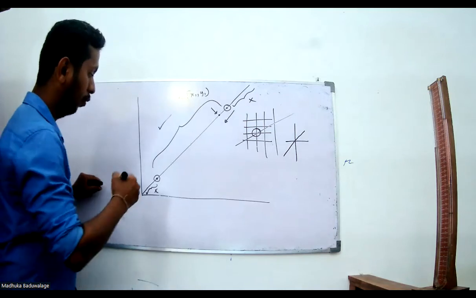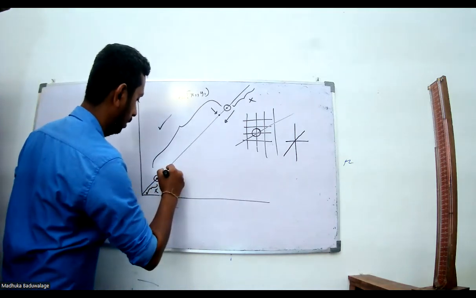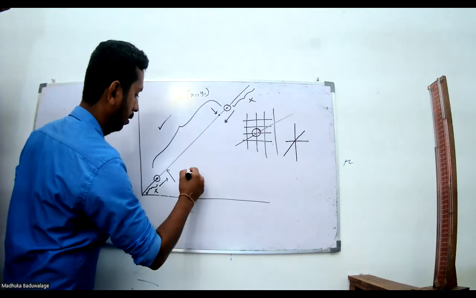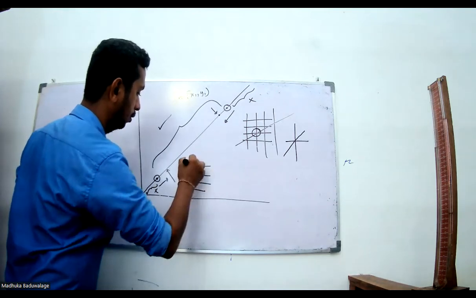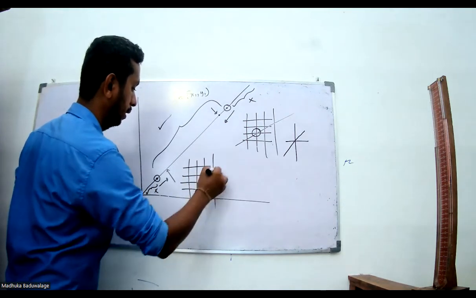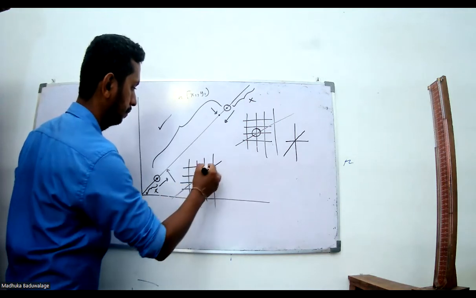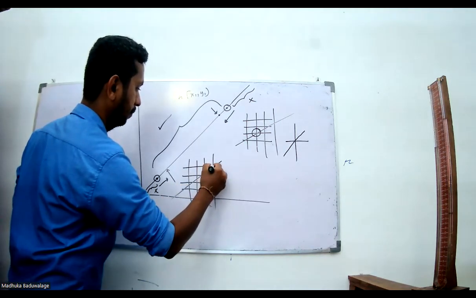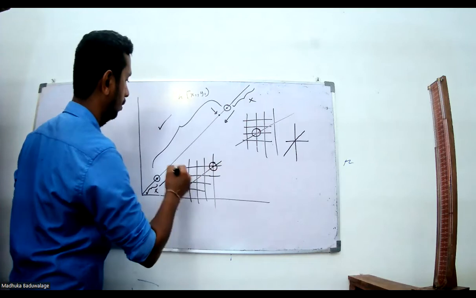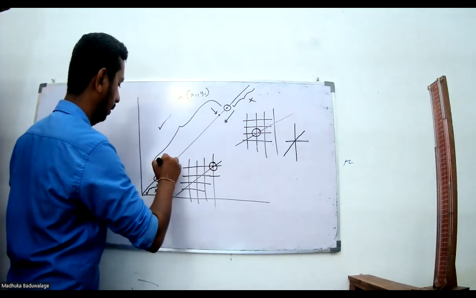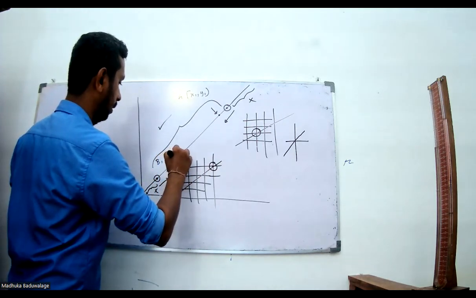Once you move upward from the bottom, the first point that lies on two intersecting lines is this point. I am going to mark that point B, x2, y2.